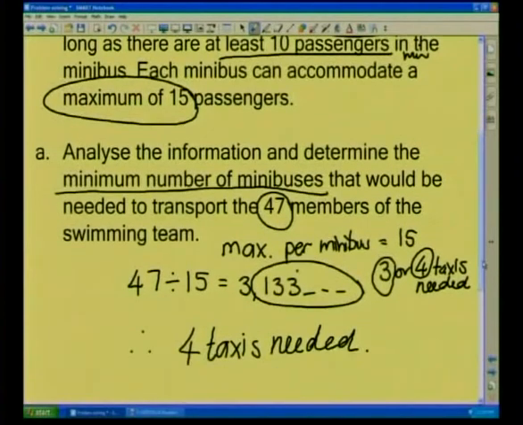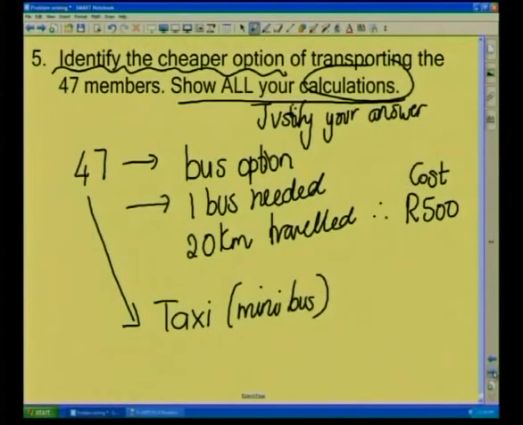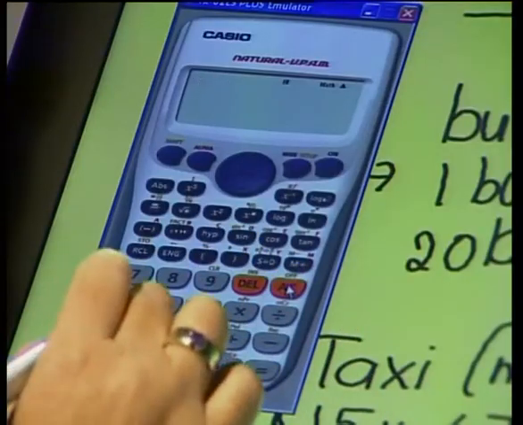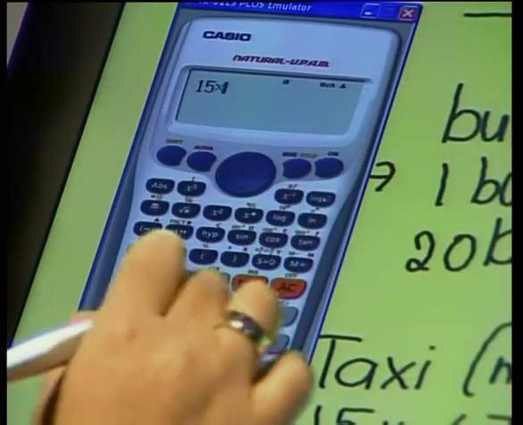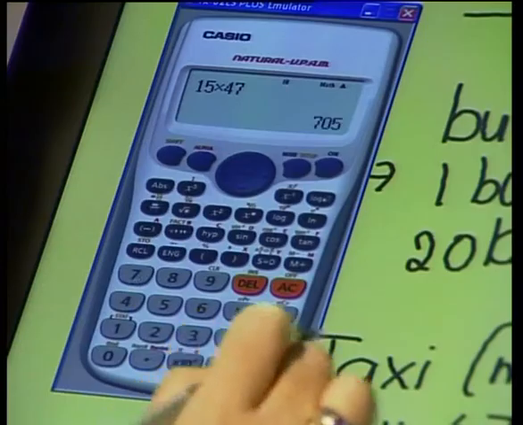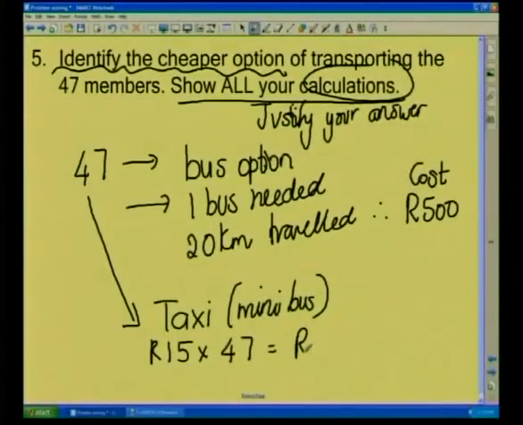So the cost of our taxi is going to be 15 Rand times the 47 children, and obviously we would have to spread them out so that you had over 10 in each taxi. So 15 times 47 is equal to 705 Rand.